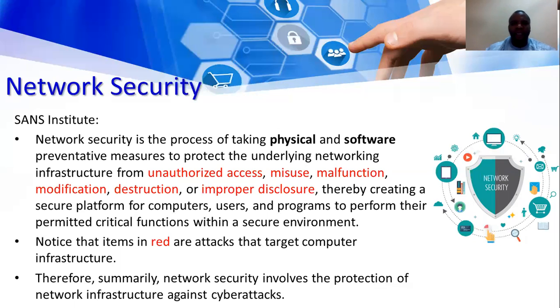That is a simple definition we can give network security. So summarily, network security involves the protection of network infrastructure against cyber attack. So we can have that short definition for network security. And I believe that now you know what network security is and how you can define it.